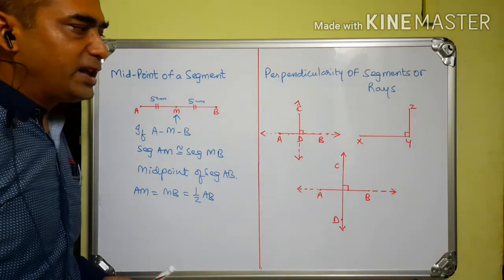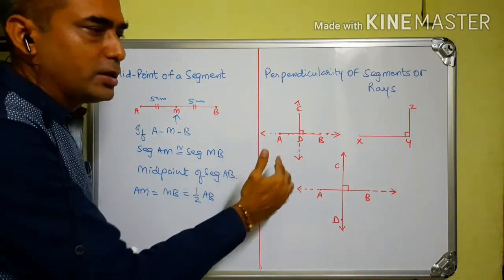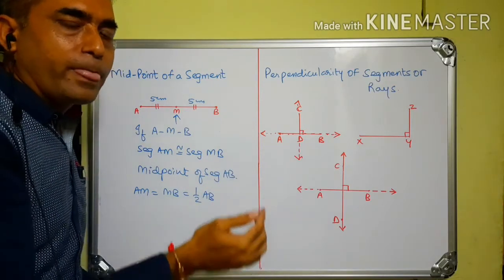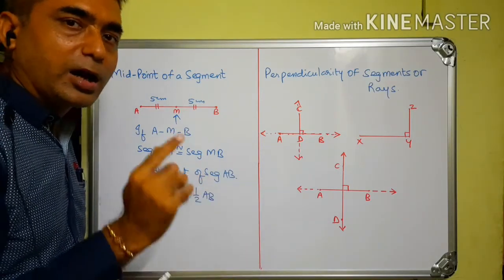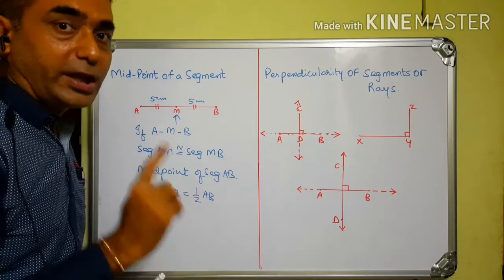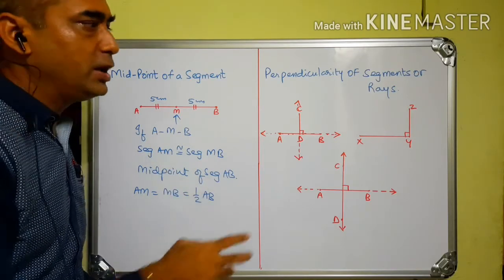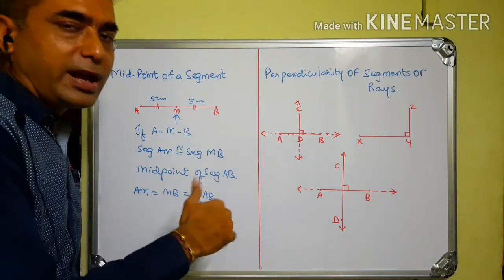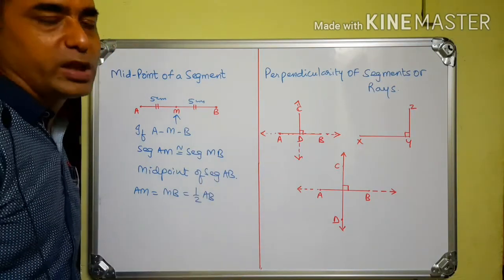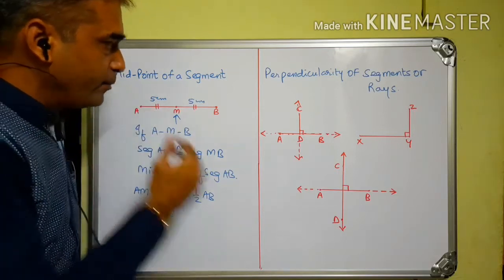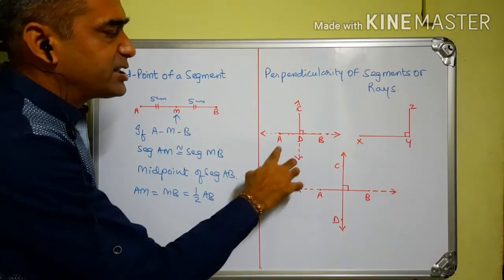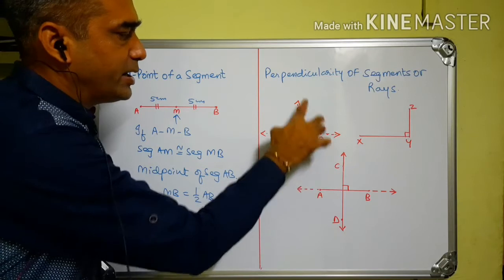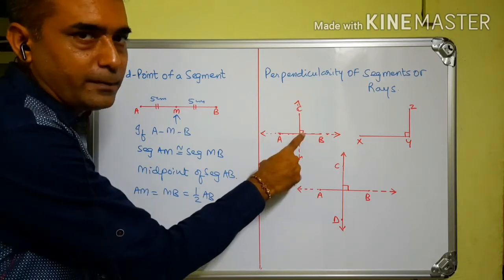If the lines containing two segments, two rays or a ray and a segment are perpendicular to each other, then those two segments or rays are perpendicular to each other. Here the lines containing segment AB and segment CD are perpendicular to each other.